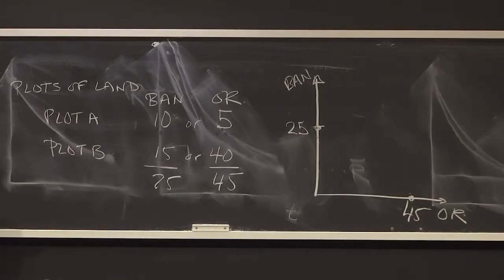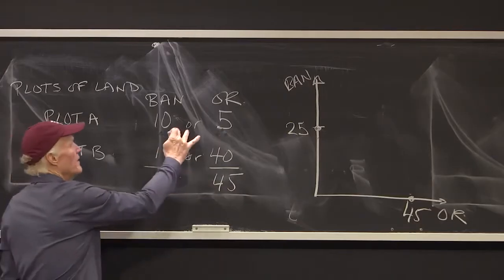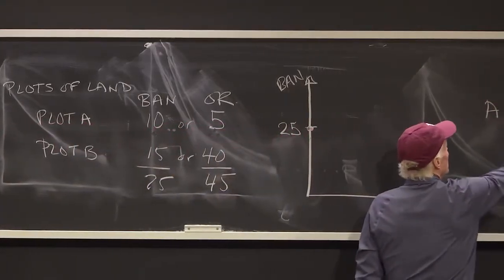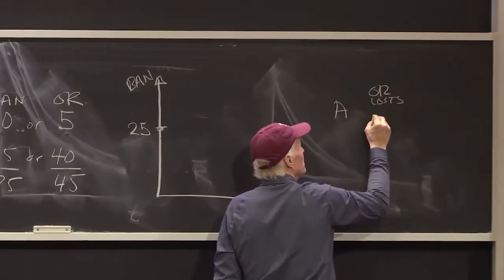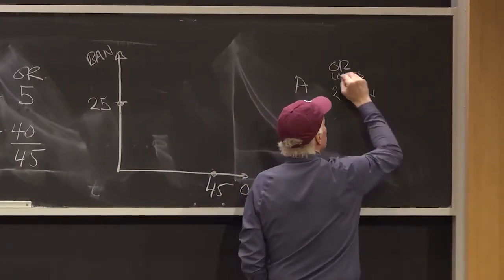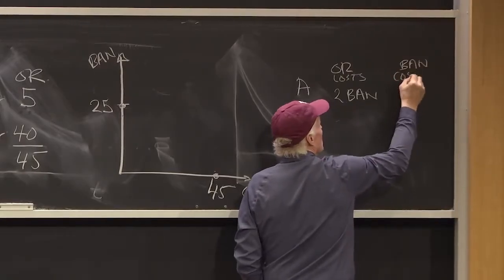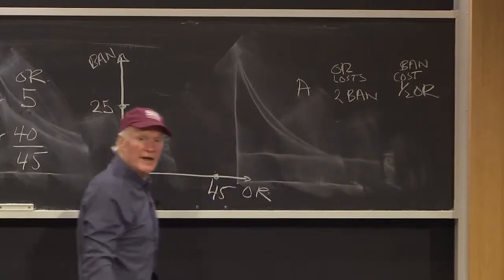Well, how much do oranges cost here? So on A, an orange costs how much? 2 bananas. And a banana costs how much? How about 1/2 of an orange? Right? Everybody agrees with that?